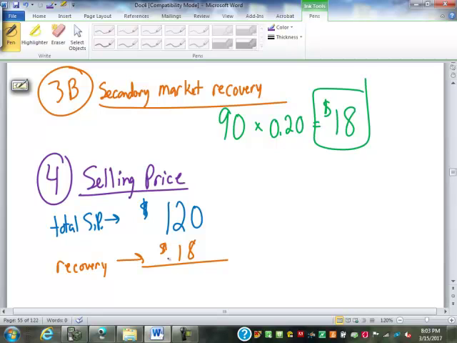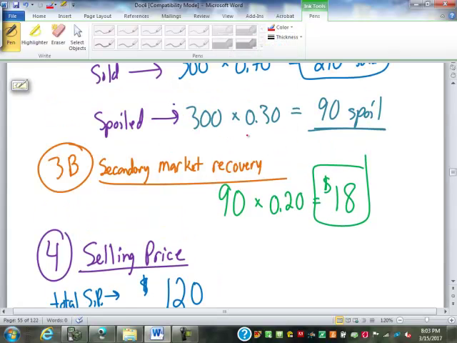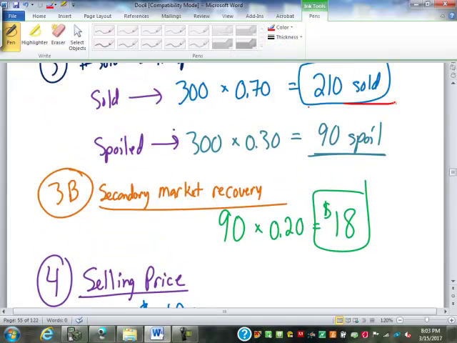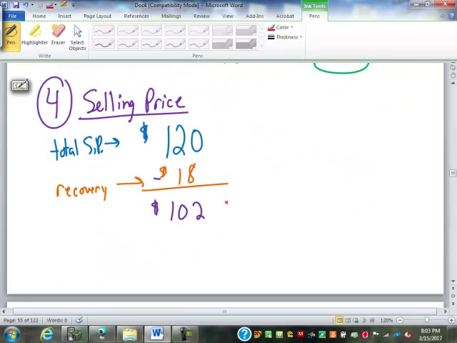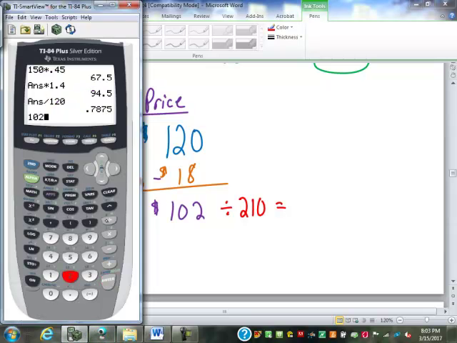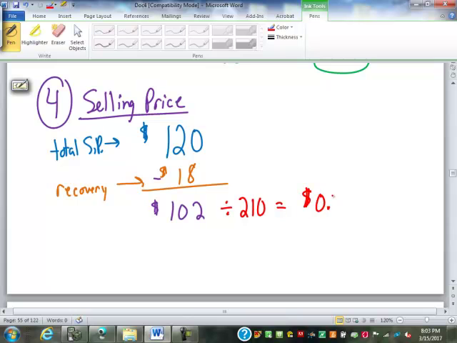So 120 minus 18 is $102 that we need to get from the ones that sell. So we still have the 210 here that sold. So this will be the 102 divided by 210. So $102 divided by 210 units sold. Looks to be 49 cents. So those donuts have to sell for 49 cents each.